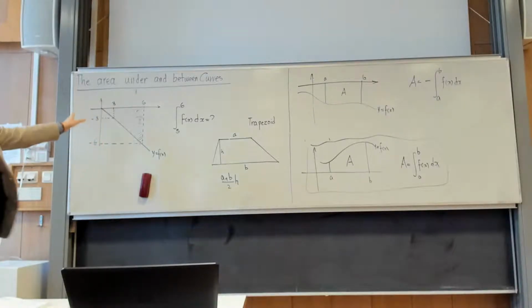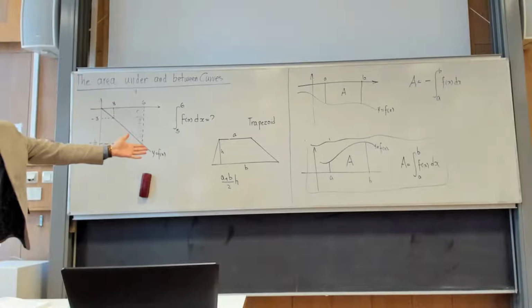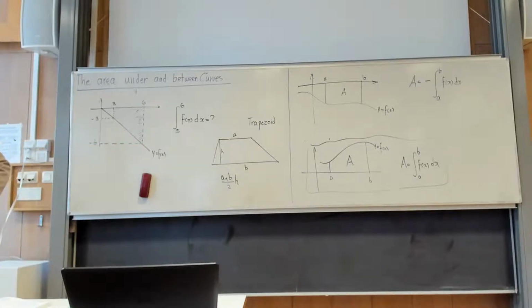Forget about integrals and things like that. Let us solve this simple plane geometry problem. People solved it, I don't know, in 400 BC or something. It was very well known what the area of this is.